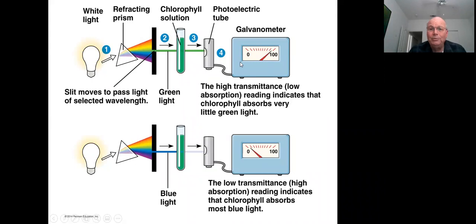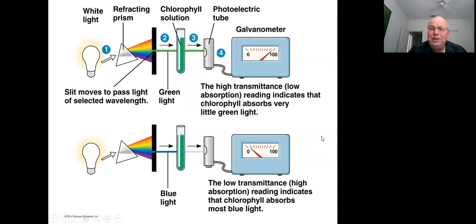And the spectrophotometer will indicate that it sees the green light passing through the solution. If you use blue light, or violet light, or red light, or yellow light, what you'll get is virtually none of it passing through. Why? Because all of that is being absorbed by the chlorophyll. So the green chlorophyll pigments are what are absorbing the light.